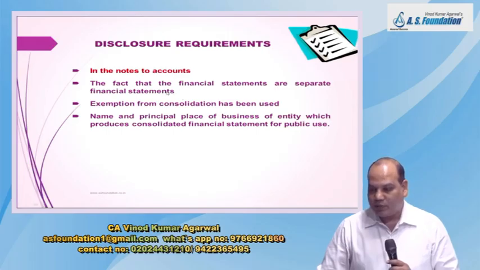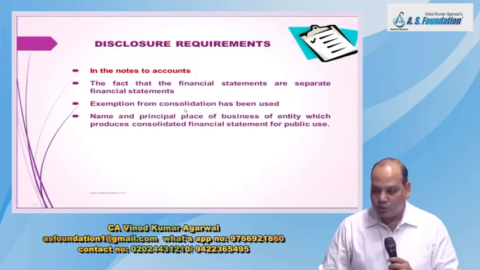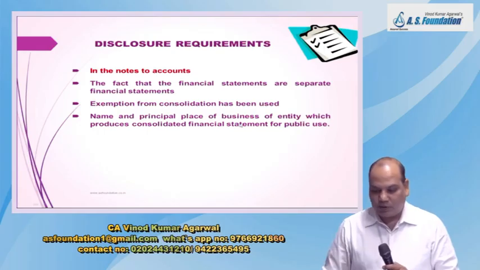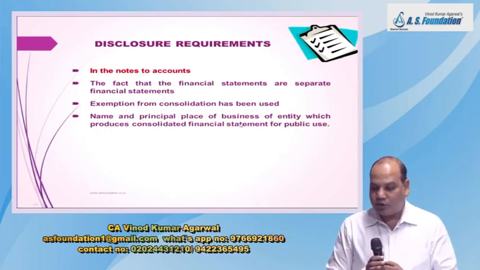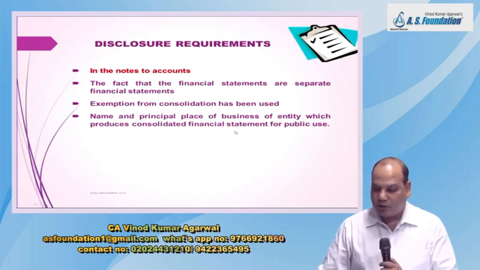They have to specifically mention that this is a separate financial statement. Exemption from consolidation has been used, and the name and principal place of business of the entity which produces consolidated financial statements for public use, because this is one of the conditions for exemption.